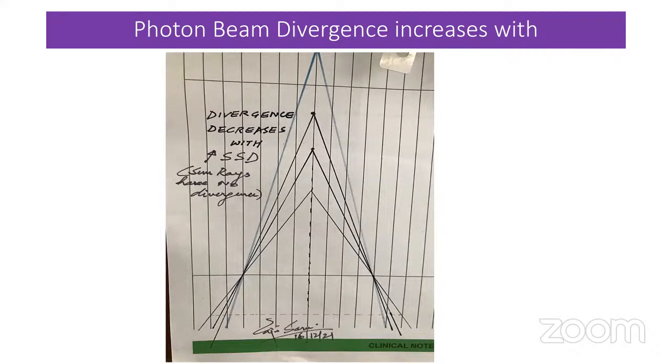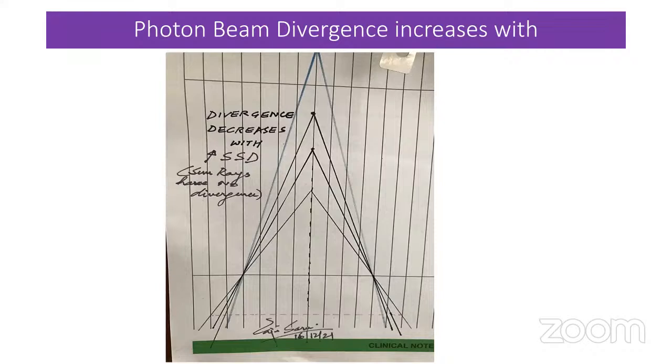Just imagine the source of parallel rays. When you do a physics experiment in light, we take sun rays. The light is coming from such a far distance that it has almost lost its divergence completely. It's not completely non-divergent, but almost non-divergent. So as the SSD increases, the divergence decreases, and this has a bearing when we are talking about field matching.